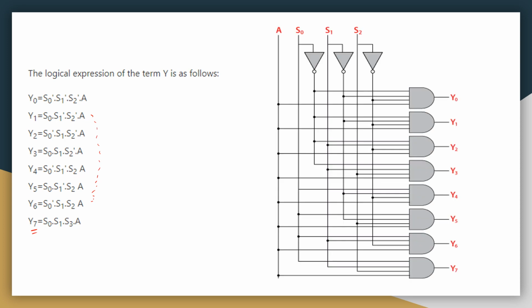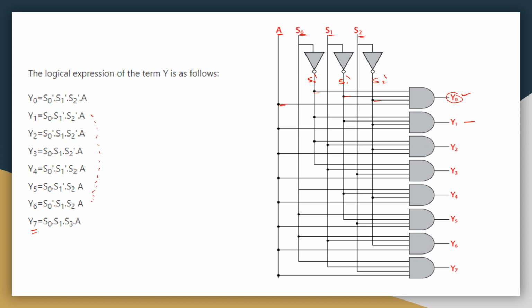Now see, it is A input, selection lines S0, S1, S2. Those complements, here S0 bar, here S1 bar, S2 bar. Suppose for getting Y0, S0 bar, S1 bar, S2 bar, A. So S0 bar, S1 bar, S2 bar along with A, then we can get Y0.